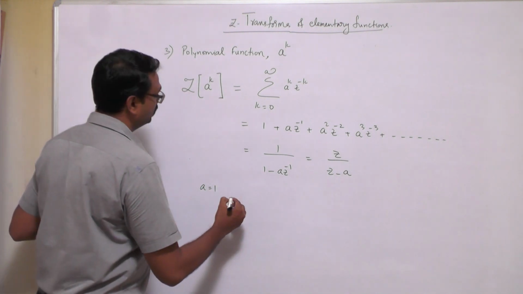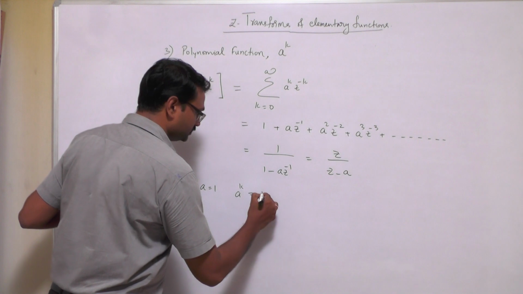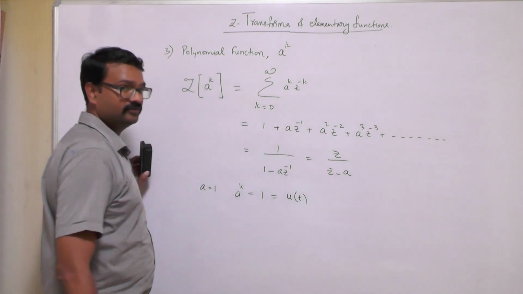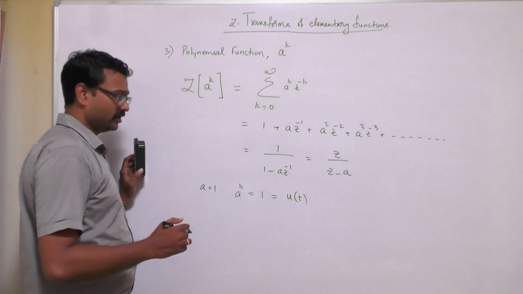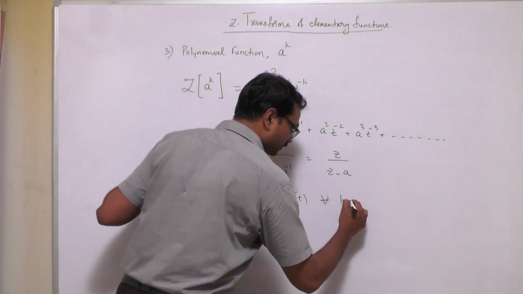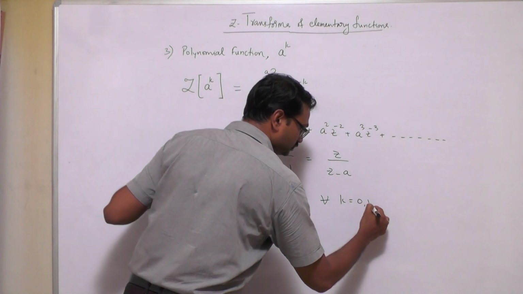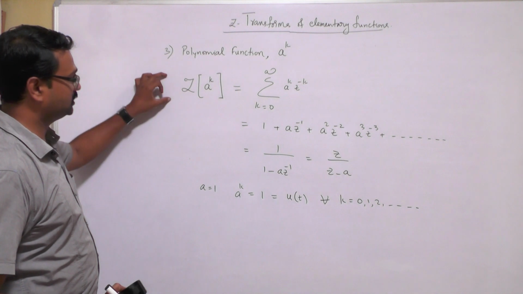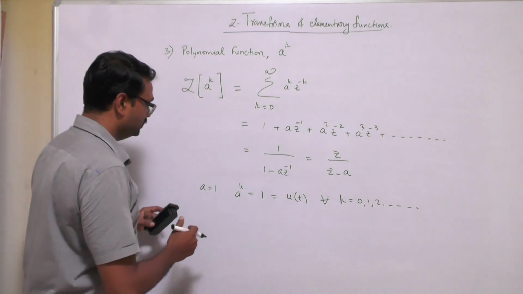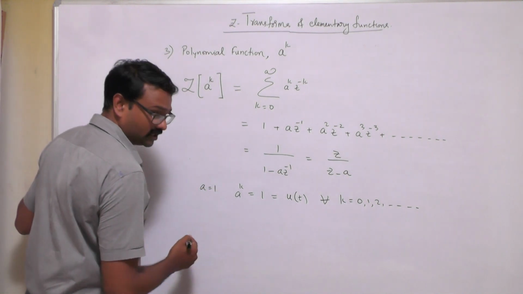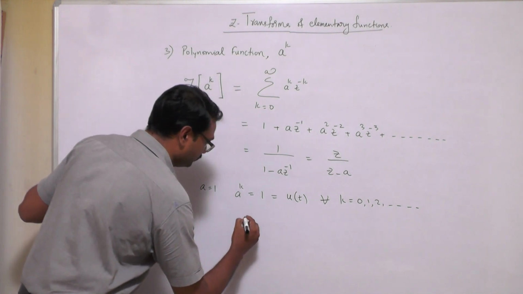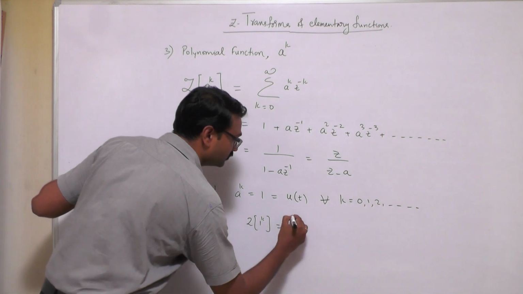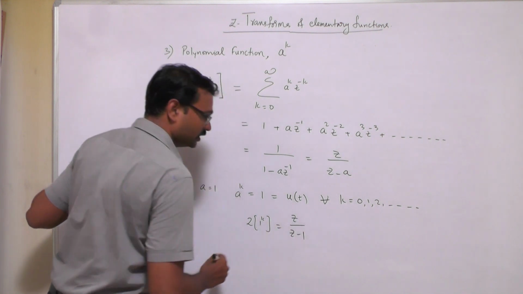When a is equal to 1, the function a power k is equal to 1, which can be considered as the unit step function u of t, for all k equal to 0, 1, 2, and so on. So replacing a with 1, the z transform of 1 power k is z by z minus 1.